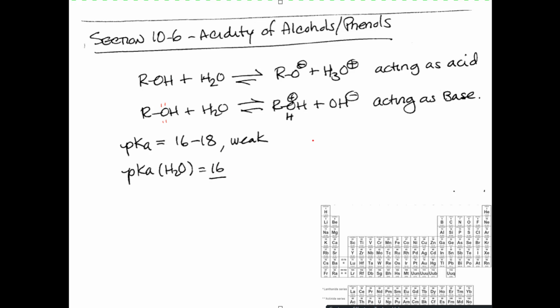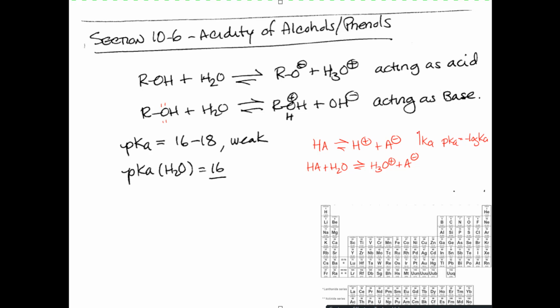And just to remember, when you take an acid HA and have it dissociate to form an H plus and an A minus, or more appropriately, react the HA with water to form an equilibrium between a hydronium ion and an A minus, then the Ka is the equilibrium constant for that acidity equilibrium, and the pKa is then minus the log of the Ka.